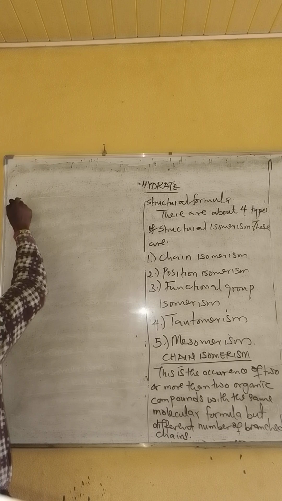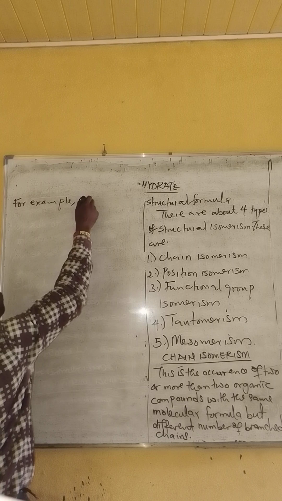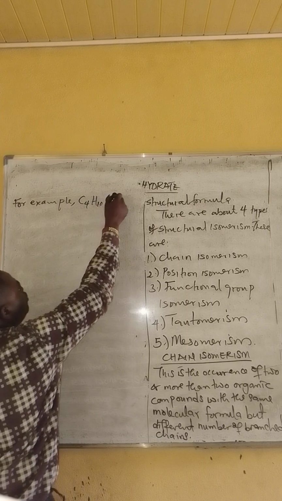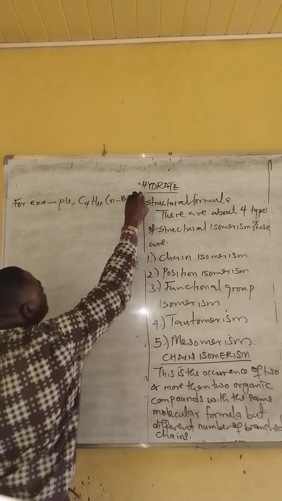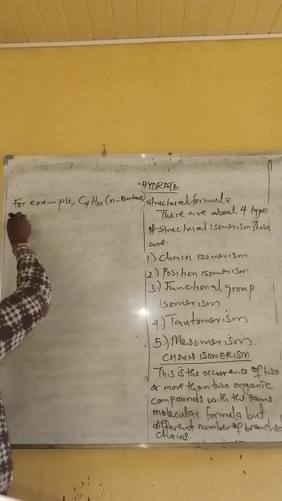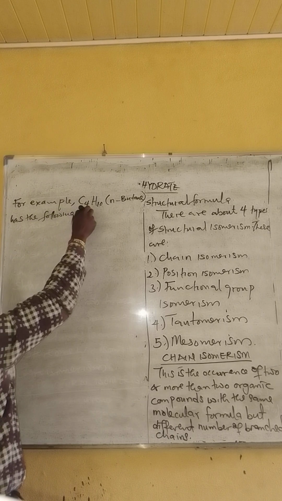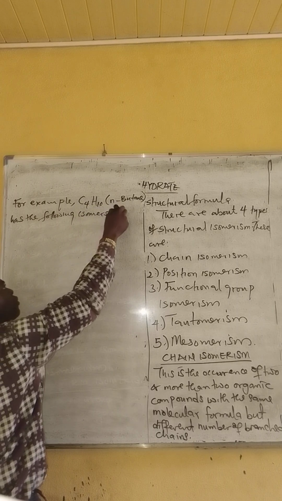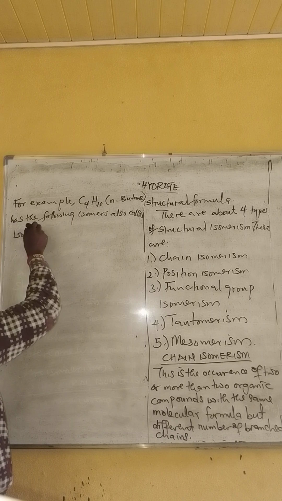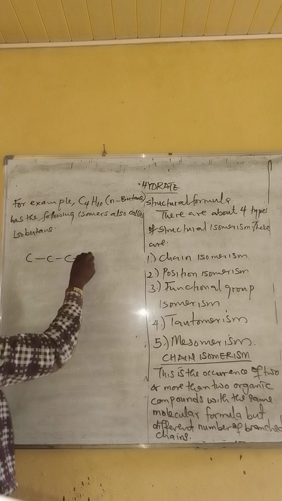Now, for example, C4H10, which is n-butane. This n means normal. Butane has isomers, also called isobutane. The butane itself is 1, 2, 3, 4.